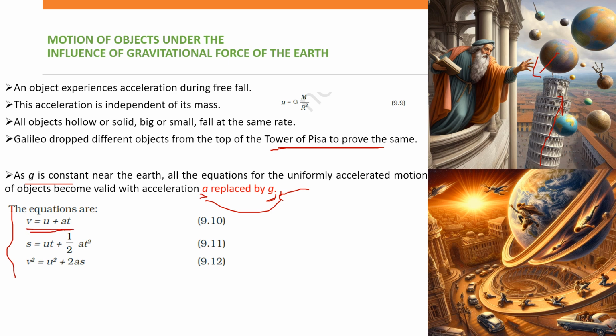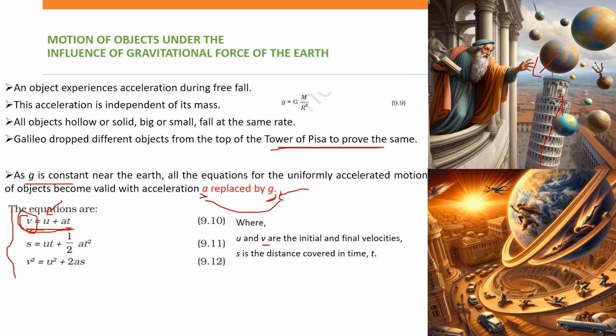In v = u + at, v is the final velocity of the object falling. What is u? u is the initial velocity. If the ball started falling from rest, u is equal to 0, no velocity, though it can have some other value. t is time and a is acceleration.